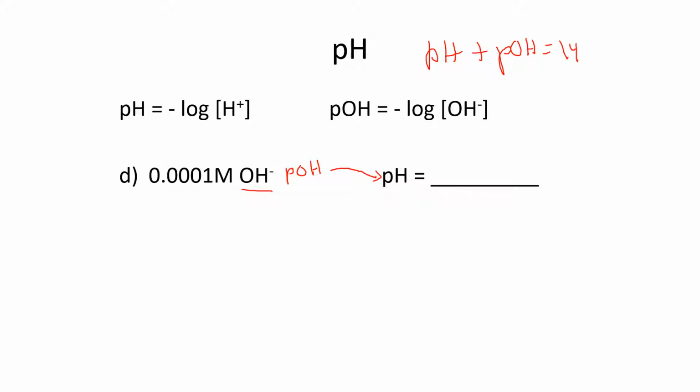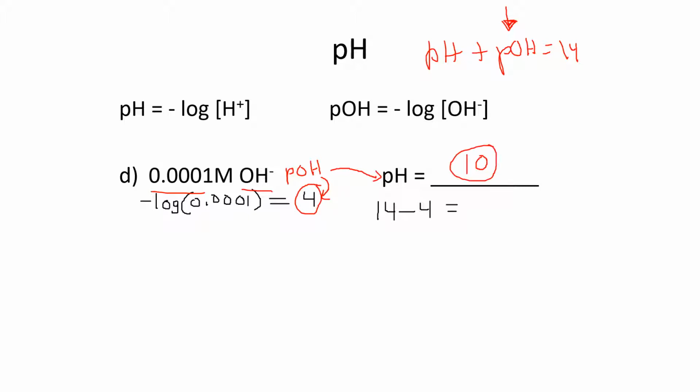We're going to find pH indirectly by finding pOH first. Same thing, we just plug this number in, and remember it's the negative of the log, so it's 4. pOH is 4, right? But we don't want pOH, we want pH. So pH would be 10. So pOH plus pH must always equal 14.